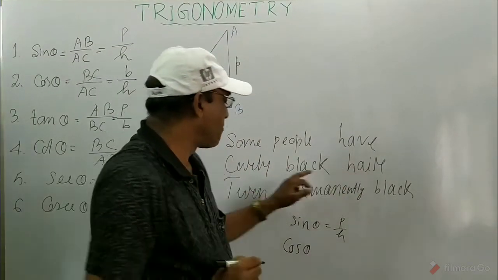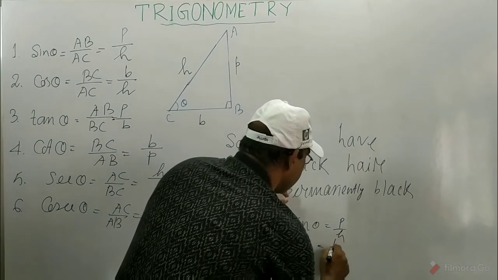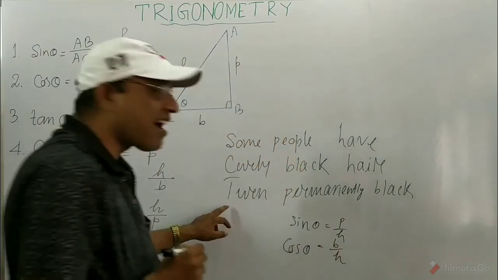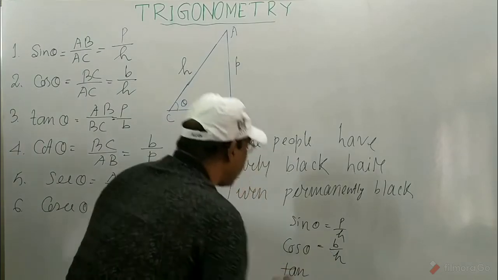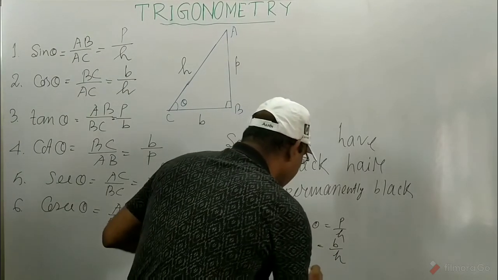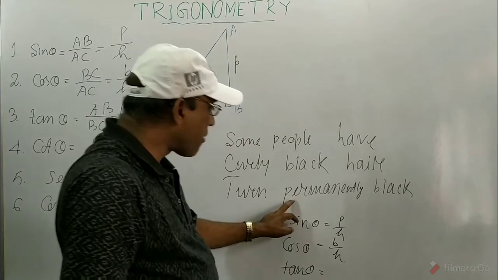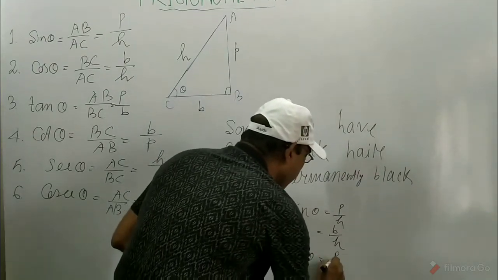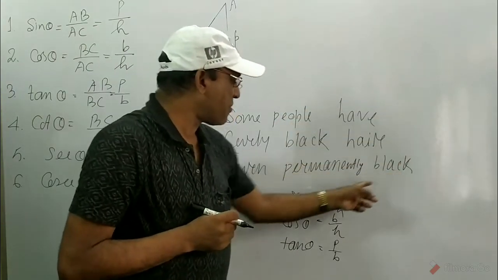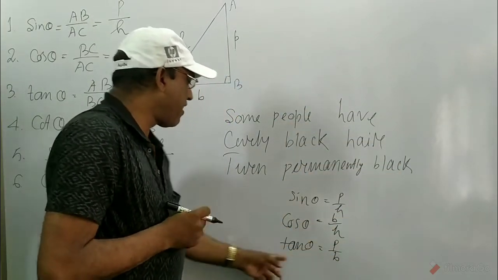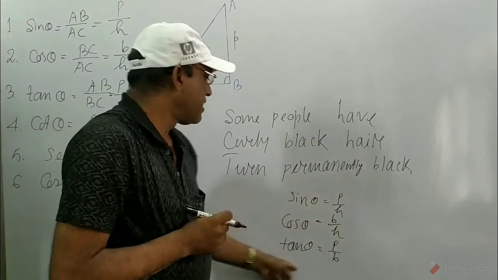Black hair: B by H. Turn, this is tan theta, equal to permanently black: P by B. This is the rule. If we learn this rule by heart, then we can easily write these.